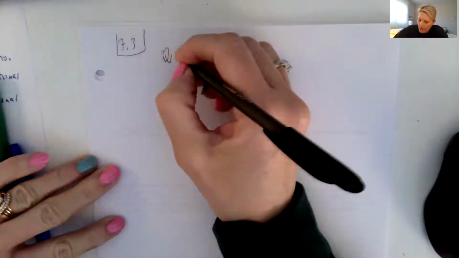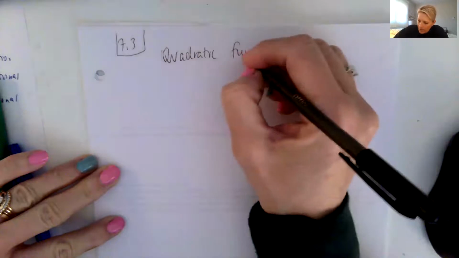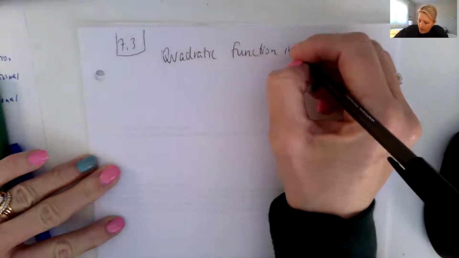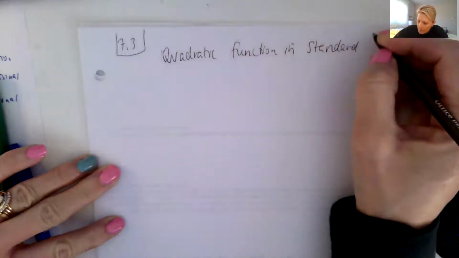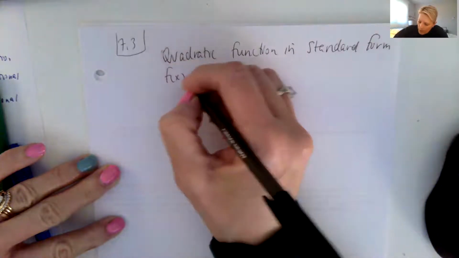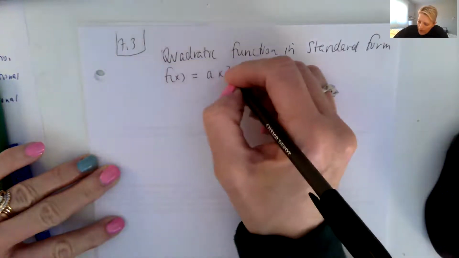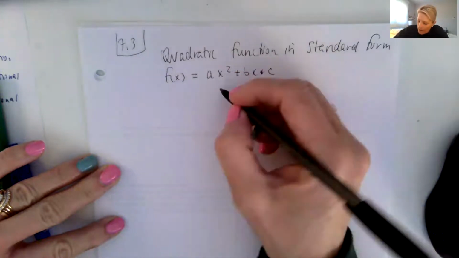The first thing that we're going to start with today is going back to the standard form of a quadratic function. A quadratic function in standard form is where you have ax squared plus bx plus c all on one side.